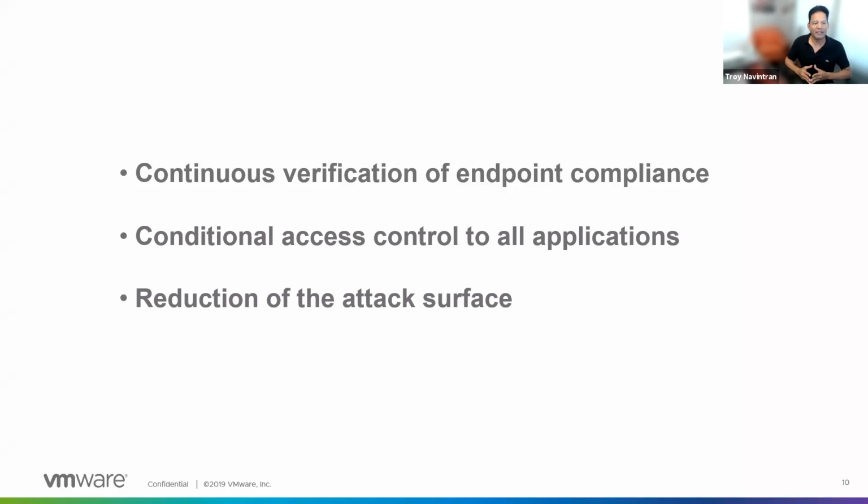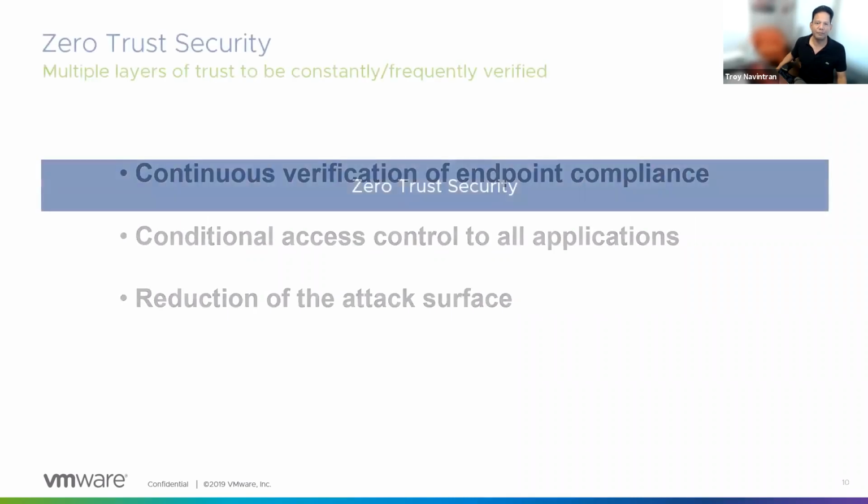Second, conditional access controls to all applications, basically meaning that for any user to gain access to applications, they first must prove their identity. We believe strongly that identity is the control plane into your resources, and that is the forefront of where the Zero Trust framework is going to be put into play. And third, reduction of the attack surface is what we're going to provide off this framework.